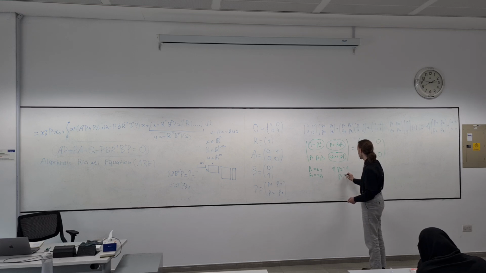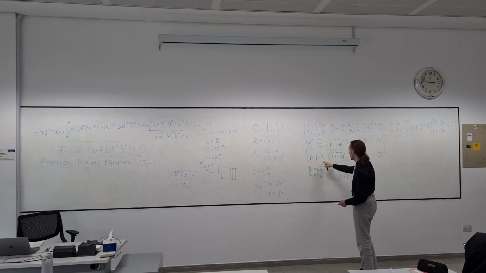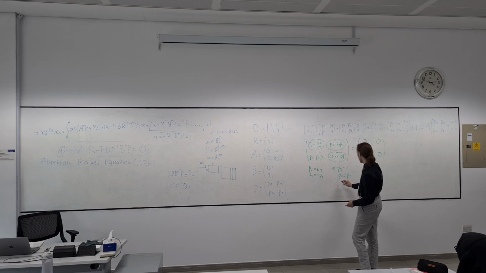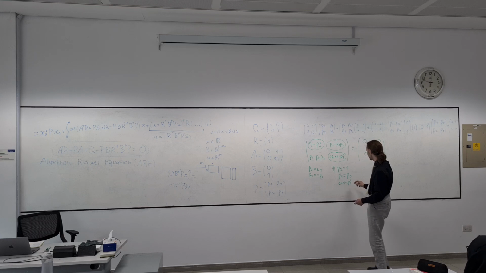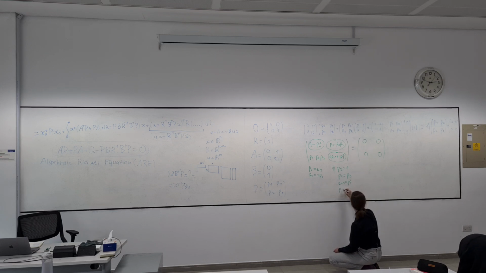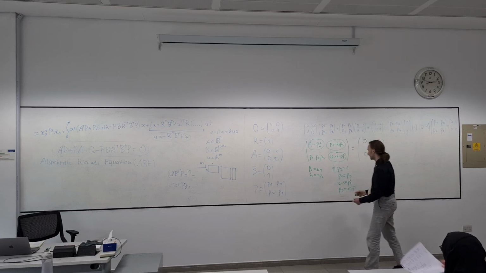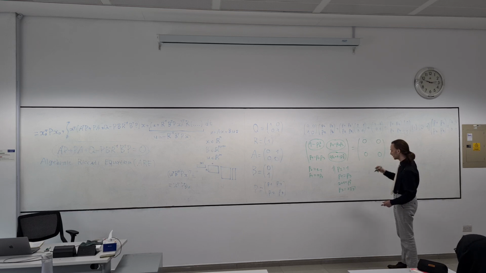Then P1 is equal to P3. Then the third equation turns into just 2 plus 1 minus P3 squared equals 0. So P3 is equal to plus minus square root of 3, and there are again two options. So in total, we're going to get 4 different options.